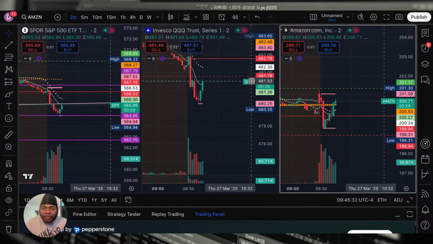Finger on the trigger. Still holding. Let's see if we reject. I want to see us reject right here.